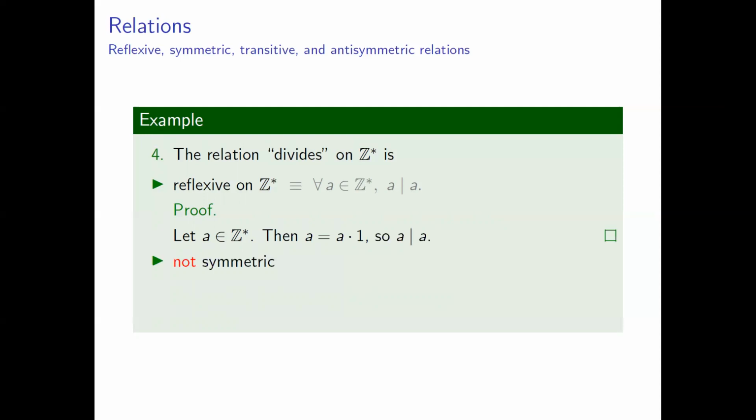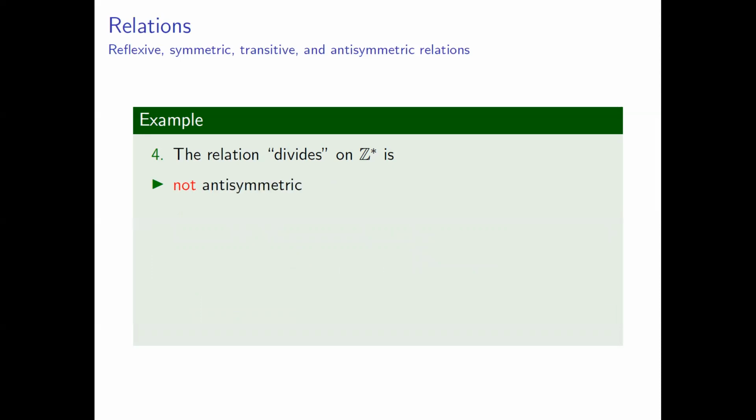It is not symmetric. That is, there exist non-zero integers a and b such that a divides b, but b does not divide a. For instance, 1 and 2 are non-zero integers and 1 divides 2, but 2 does not divide 1.